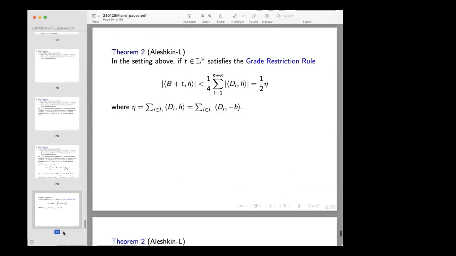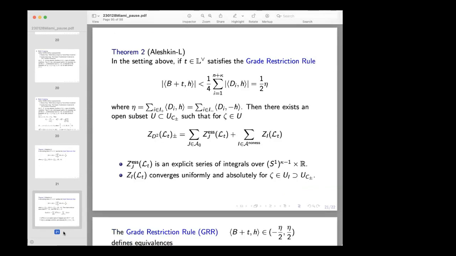If T satisfies this grade restriction rule, recall that because of the Calabi-Yau condition, the sum of all the d_i is 0. Then we take this eta, which pairs positively with one edge and negatively with the other edge.